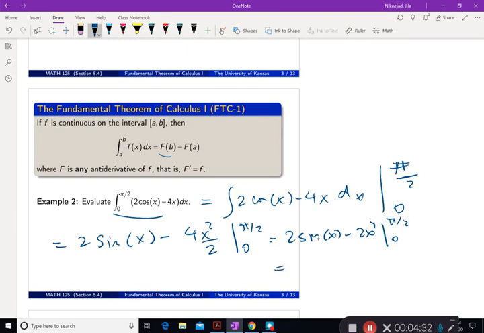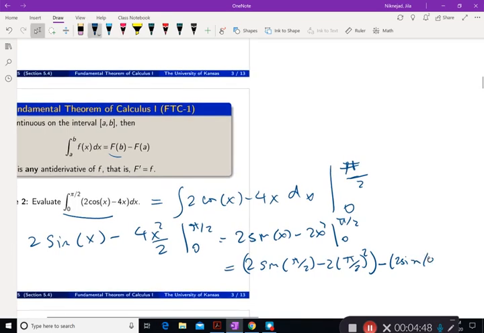And so you end up with 2 sine of pi half minus 2 times pi half to the power 2, minus 2 sine of 0 minus 2 times 0 to the power 2.